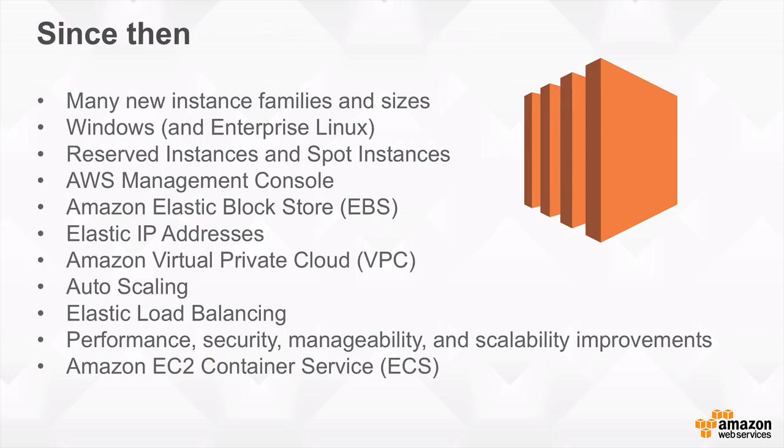Today you can use EC2 to run pretty much any application or workload that you want, but that hasn't always been the case. And since the launch of the beta in 2006 and subsequent GA, we've added a lot of new features to the service. Things like new instance families and sizes, support for Windows, of course, and enterprise Linux, different purchasing models like RIs, reserved instances, or the spot market for spot instances.